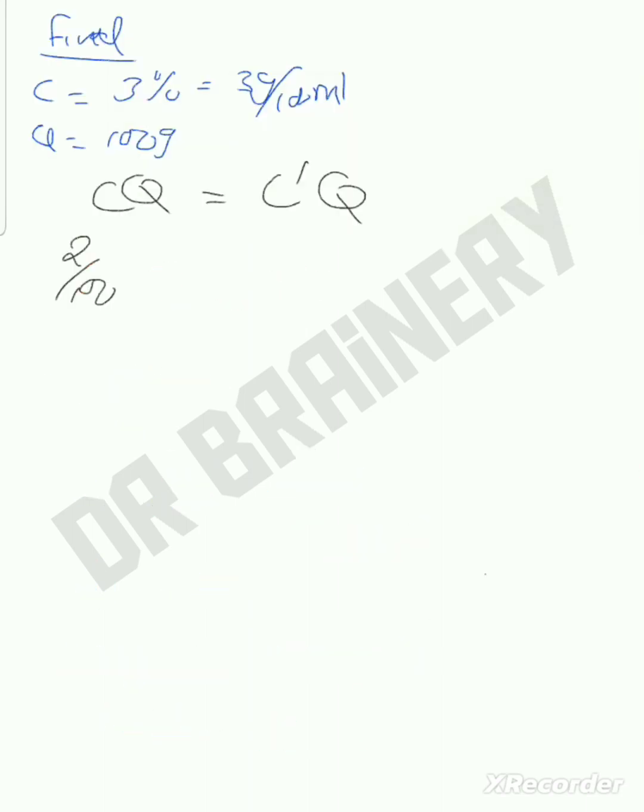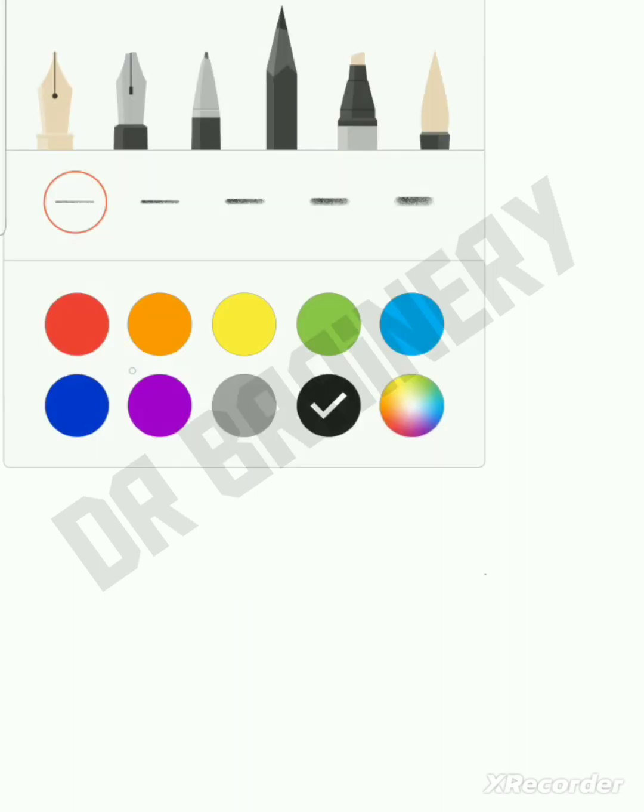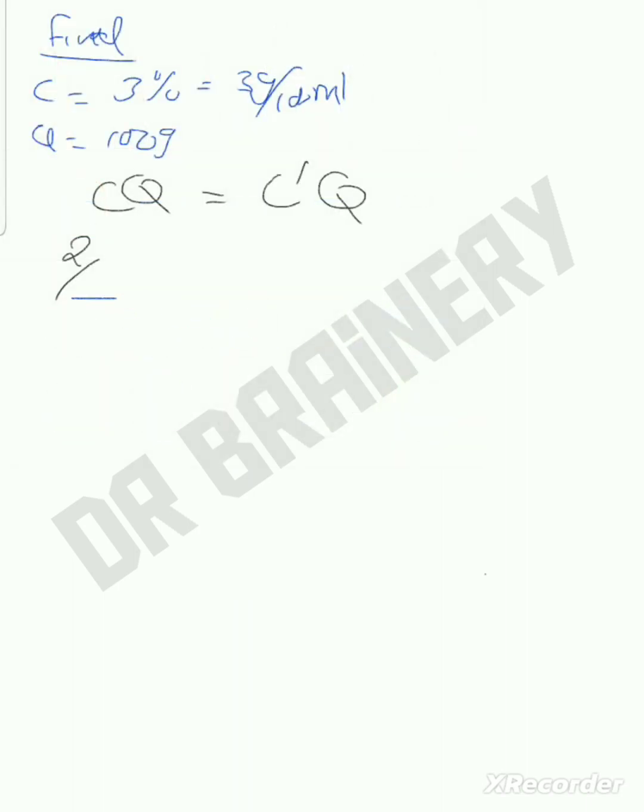So it will be 2 over 100 times the amount, X, which we don't know.